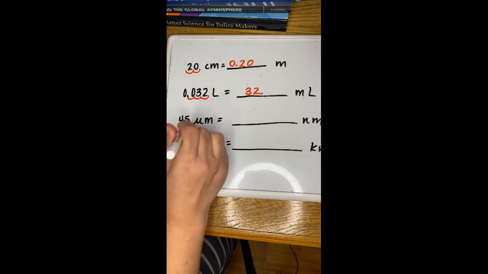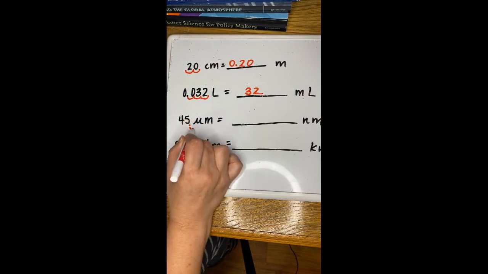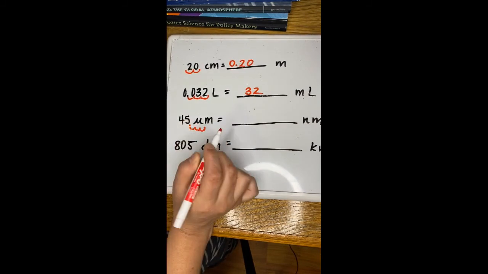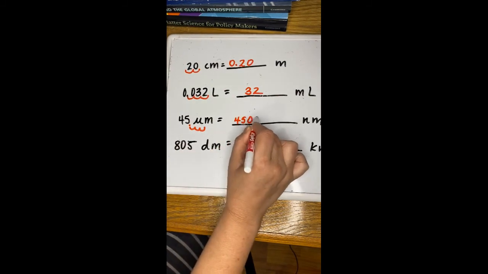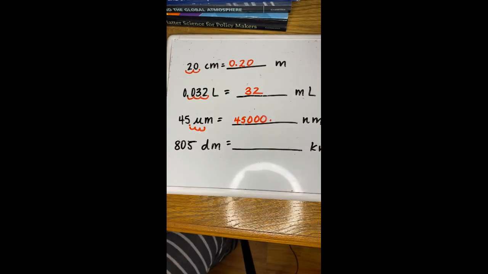The decimal right now is here. So we're going to go 1, 2, 3 spots. Anywhere there's a gap, we have to put a 0. Now the decimal's there. 45,000 nanometers.